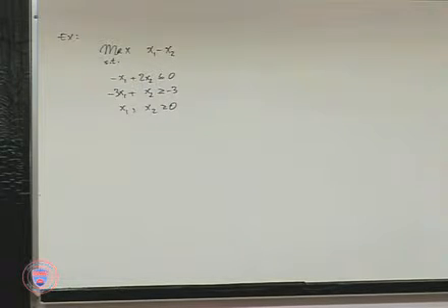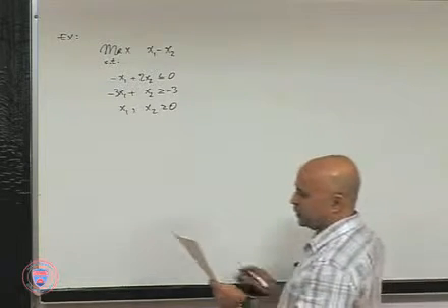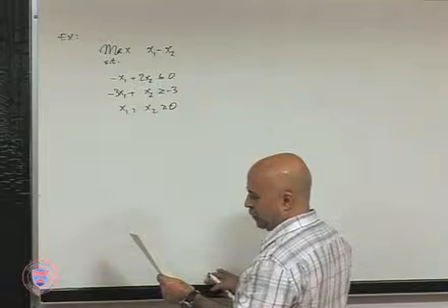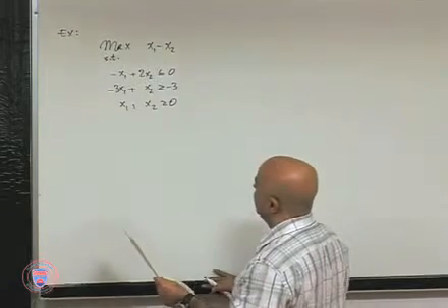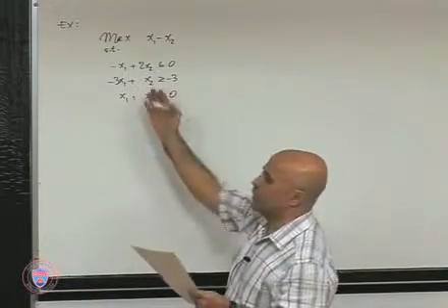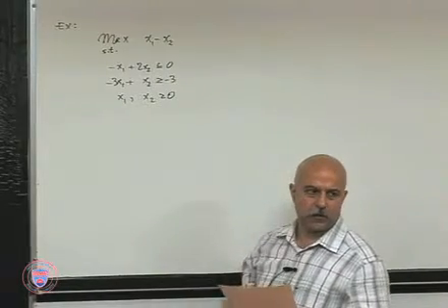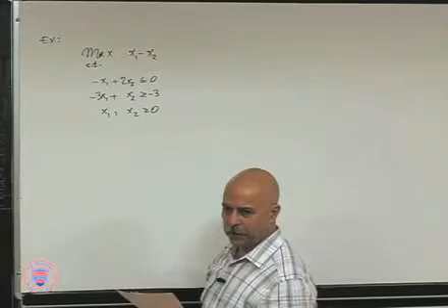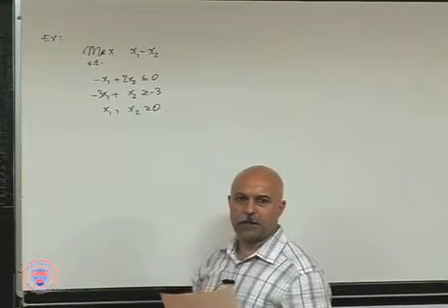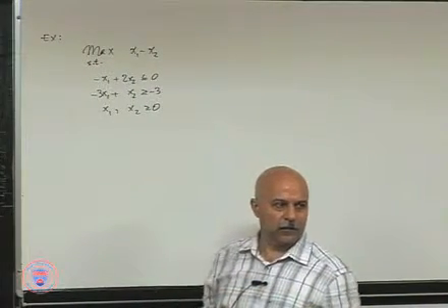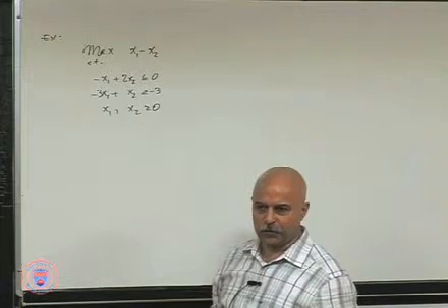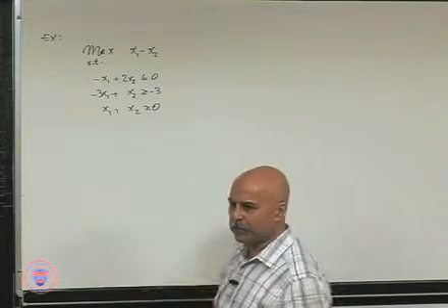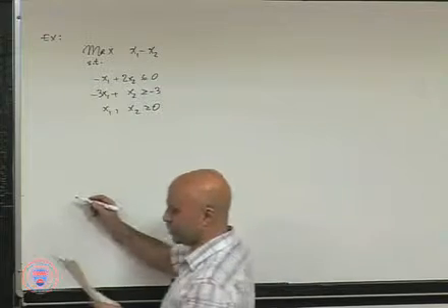Now, this problem is not in the form I wanted because I assumed equality. Nevertheless, you can plot this in the x1, x2 space and see what's going on. This is a two-dimensional example in the space of variables, and we did that already in the first lecture, and you can do it on your own. You've got only four constraints and two variables.